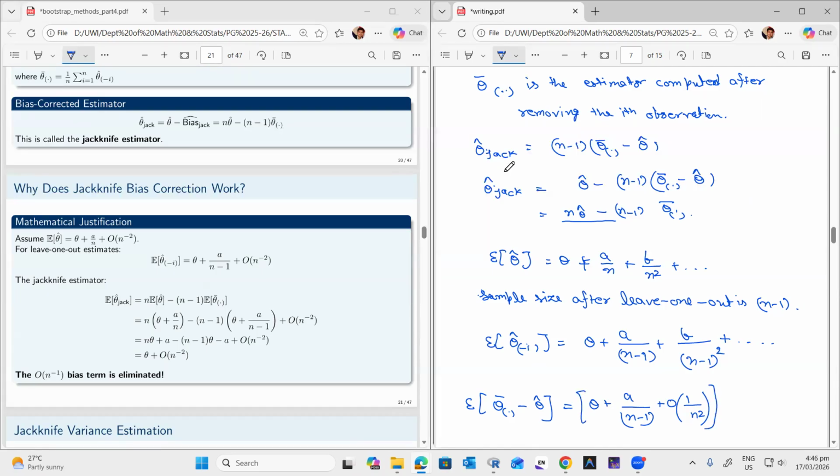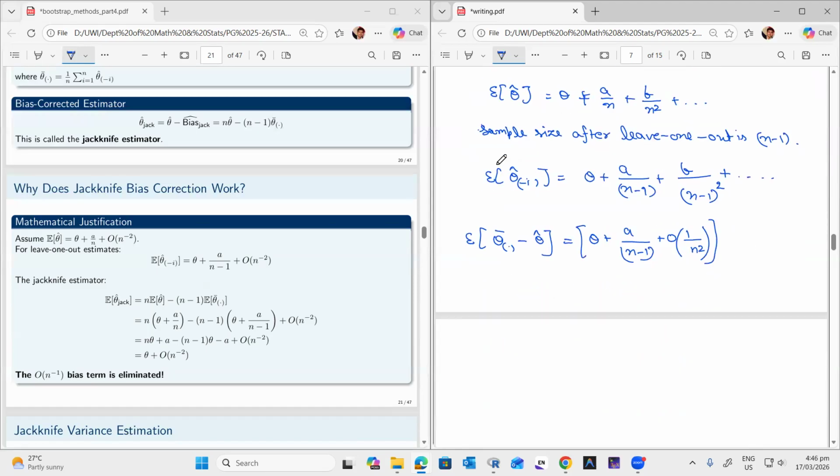All right, minus theta plus a upon n plus order of 1 upon n square. All right, so when you solve this one, theta will cancel out.